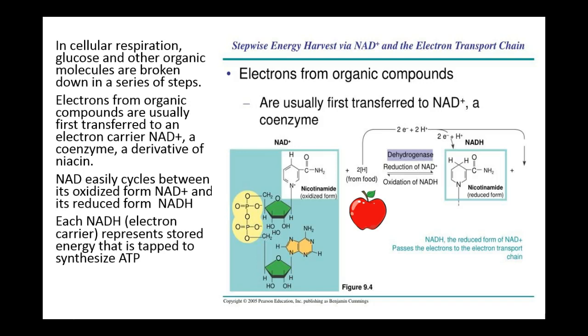Remember, with regard to covalently bonded compounds, it's still going to be oxidation reduction, but we think of it in the form of a hydrogen atom. And so NAD is the thing we're introducing here. It is the electron carrier. It will show up again when we talk about the electron transport chain.